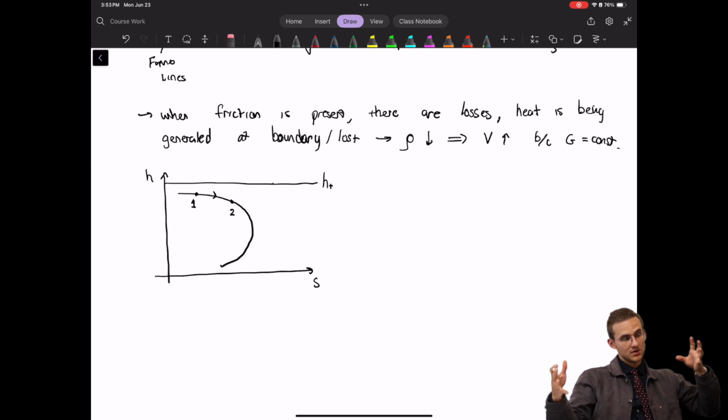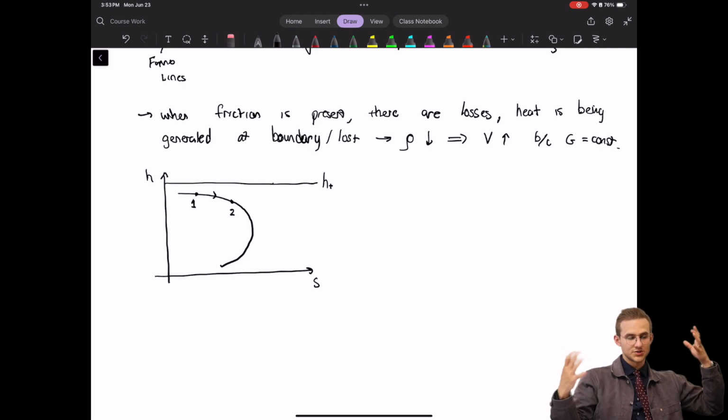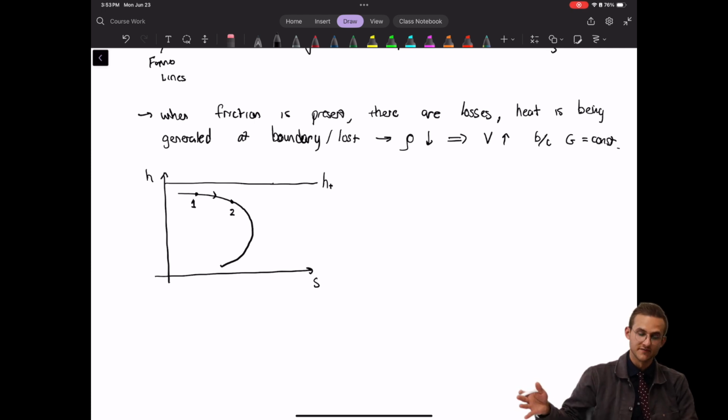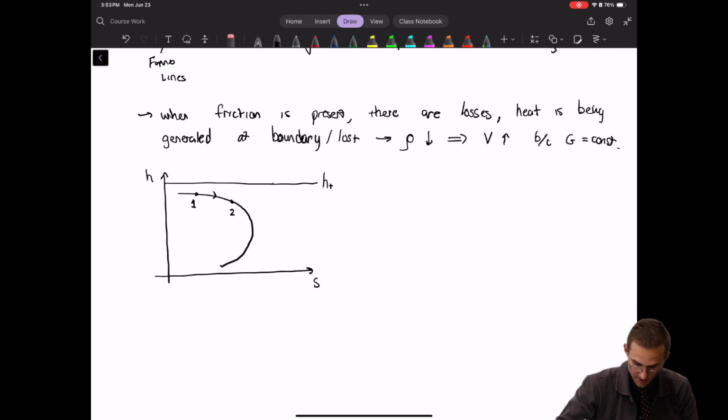And so some of our energy that's driving the flow, wrapped up in the pressure gradient, say, is being converted into, or is causing, entropy production. And so the entropy must be increasing in the flow as you progress downwards.